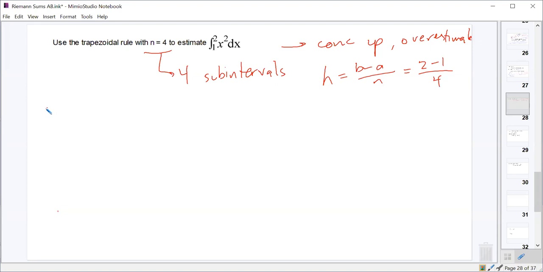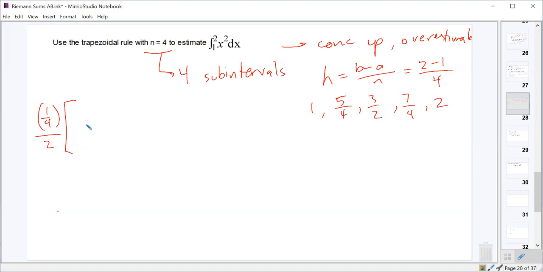So our formula should be 1/4 divided by 2 times our first y value. If we're dividing 1 to 2 up into equal subintervals, they each ought to be a fourth long. So 1 to 5/4, 5/4 to 3/2, 3/2 to 7/4, and 7/4 to 2. Good?